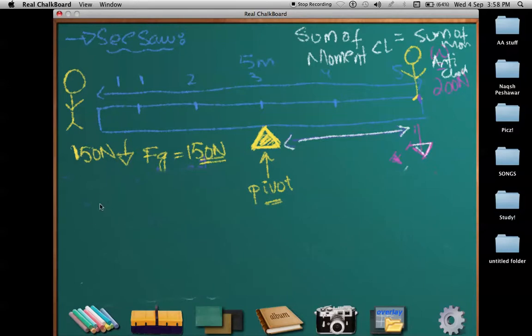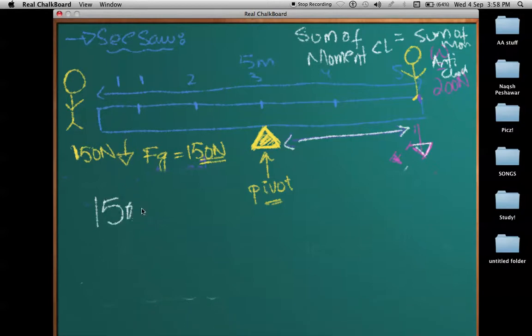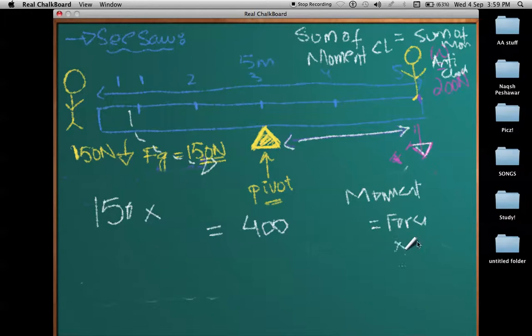Now I am producing a force of 150 newtons, and I have to make sure that I produce a moment of 400 newton meters, but in the anti-clockwise direction. As our formula says, the moment is equal to force times perpendicular distance. I know the force, but I don't know the distance where I'm going to be sitting on the seesaw to make sure that the seesaw is balanced.